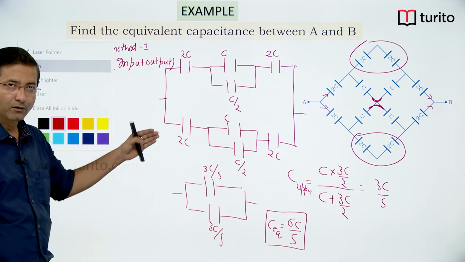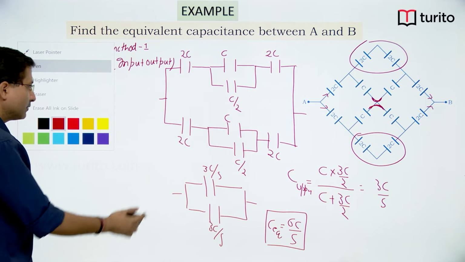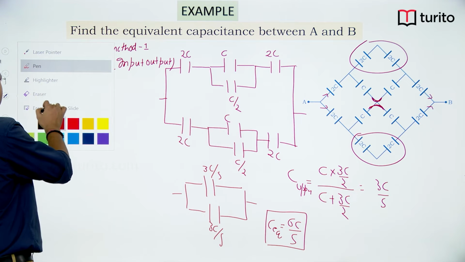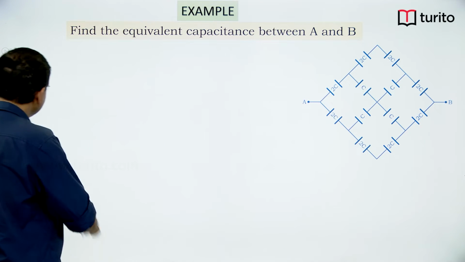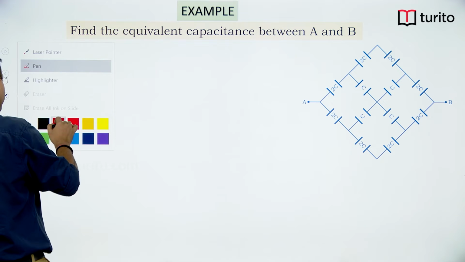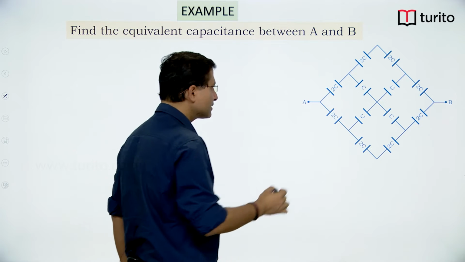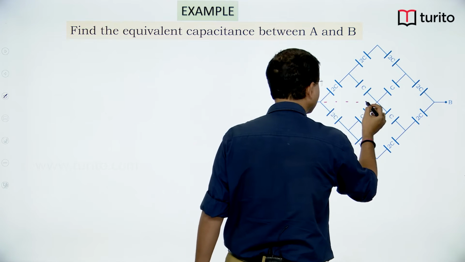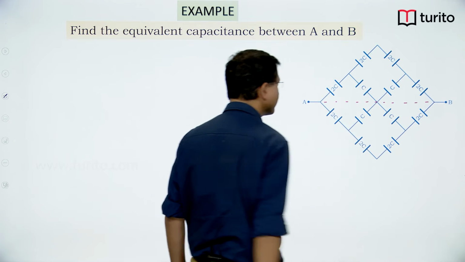Now, for folding symmetry, how to draw the circuit, we are getting 6C by 5. Now, for folding symmetry, I can see about this line, circuit is symmetric.